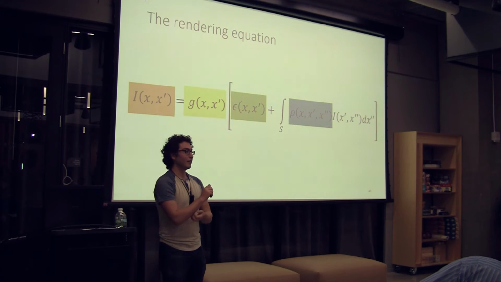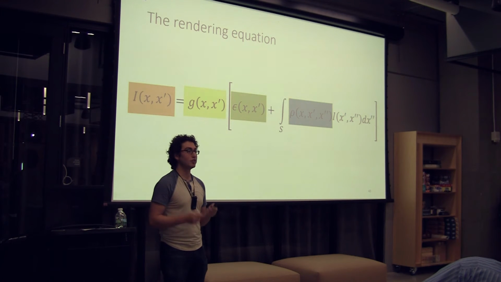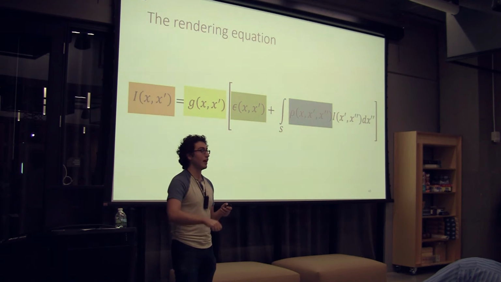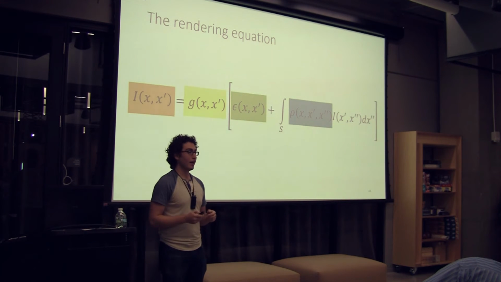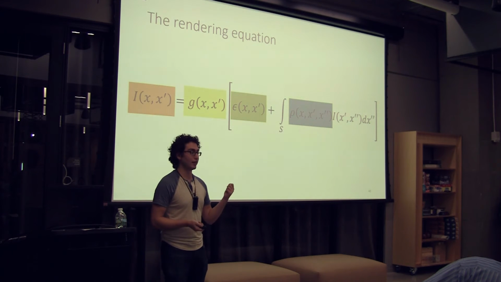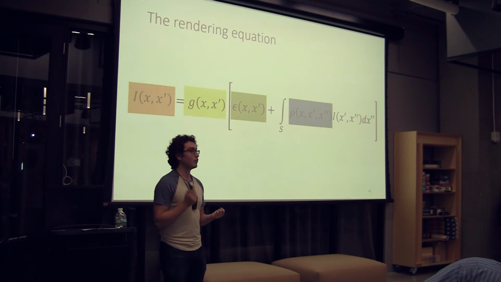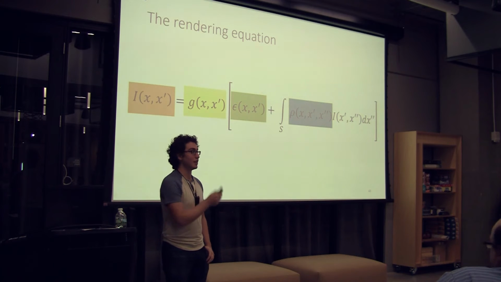It's dealing with how much of the intensity of light that came from x double prime and hit x prime actually makes it to x. So it's dealing with the direction of the incoming light and the direction of the outgoing light. And you should be thinking, I feel like I've heard of this before. We've already seen one of these. The Lambert cosine law is an example of a BRDF.